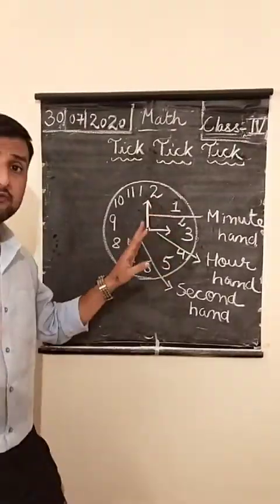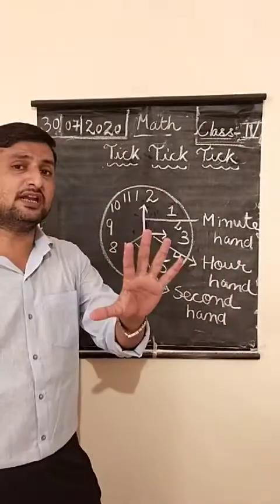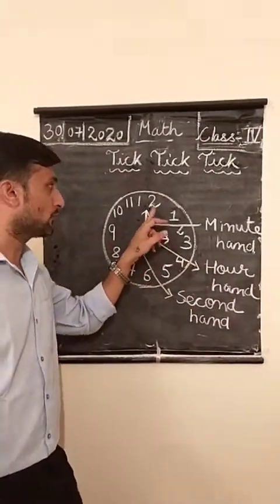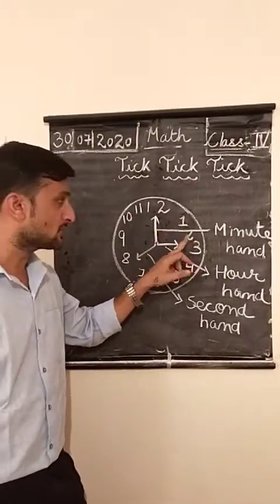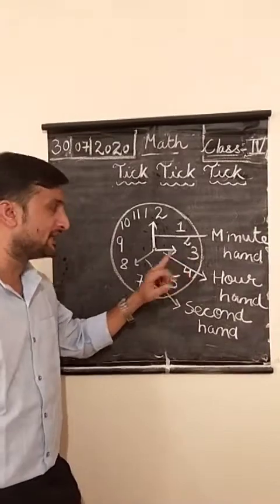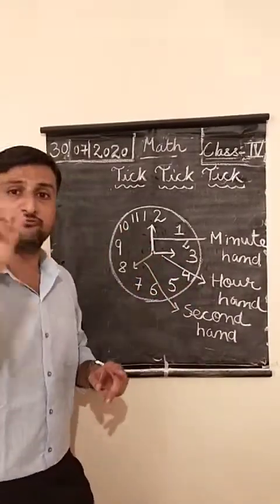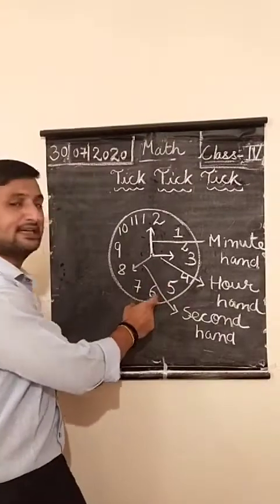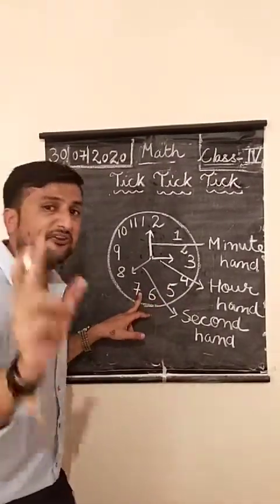So now we will learn how to count the minutes. If your minute hand goes from 12 to 1, it covers 5 minutes. On 2, it covers 10 minutes. On 3, 15 minutes. On 4, 20 minutes. On 5, 25 minutes. On 6, 30 minutes. On 7, 35 minutes.